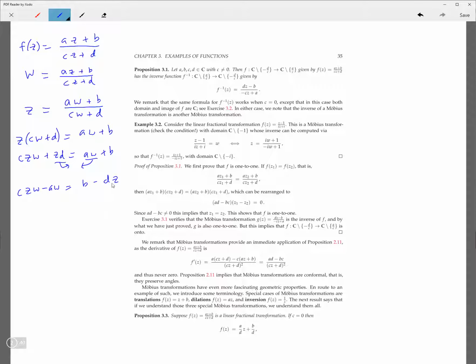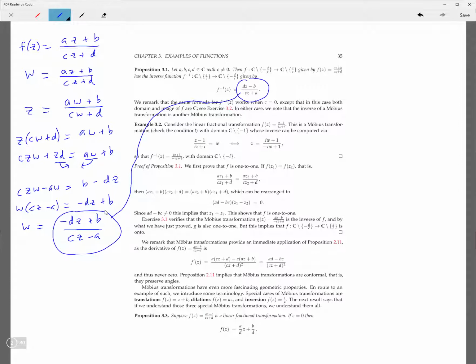I'm going to change this to a dz rather than a zd. And then you factor w out. And let's rearrange this so it's like negative dz plus b. And then divide both sides by that, and you have this. And then, of course, this is just what the inverse function is.